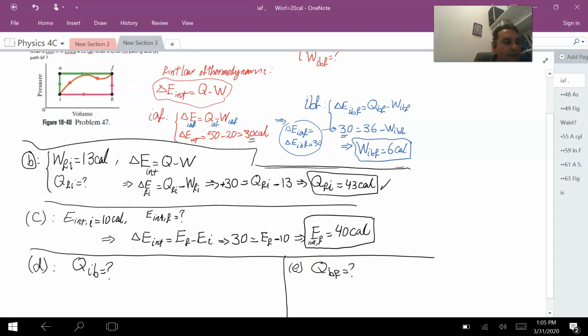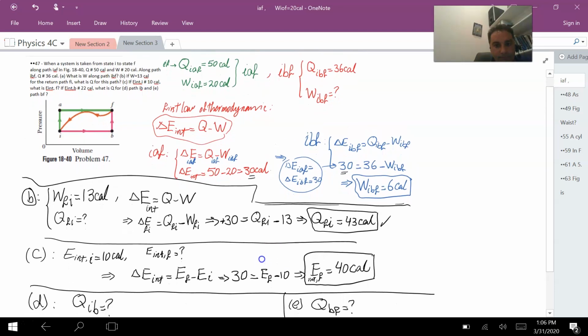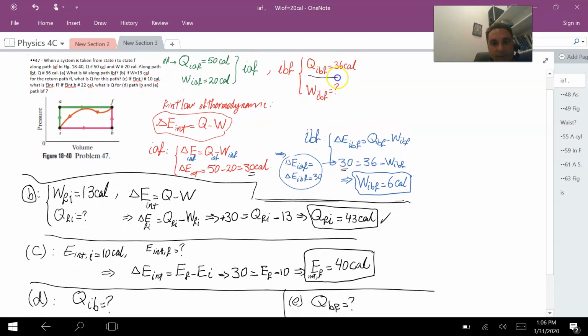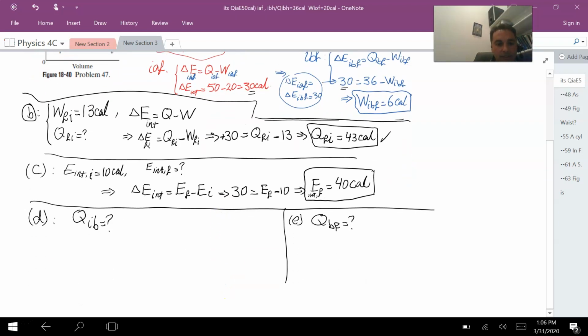Okay, Q in IB, all right. I have to use this one. I do have Q in the path of IBF.